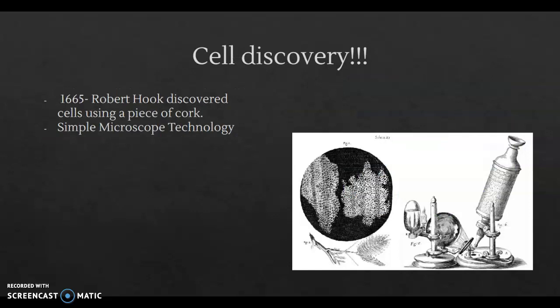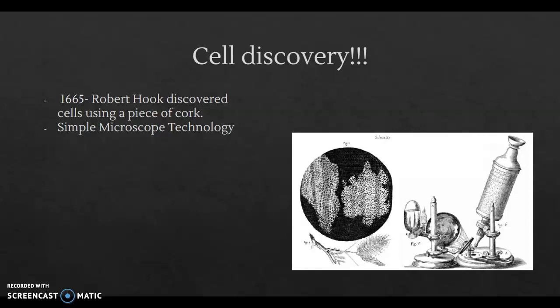So, cell discovery. When we're thinking about cell discovery, we really need to look at microscopes and magnification technology that became advanced enough in the 17th century to discover cells. Now, the man who we really can credit for this initial discovery is Robert Hooke.